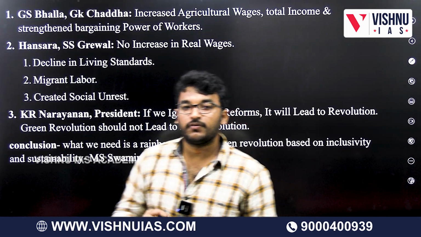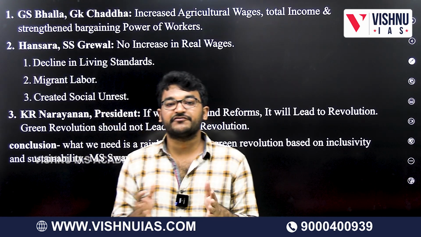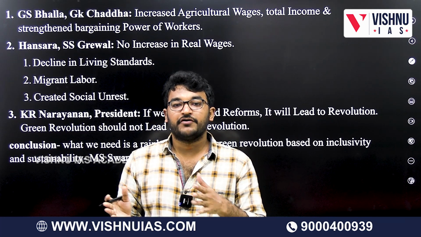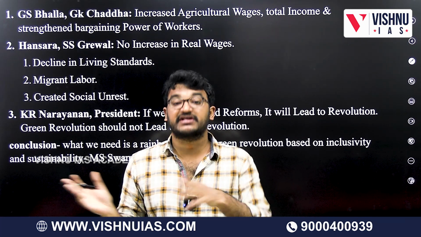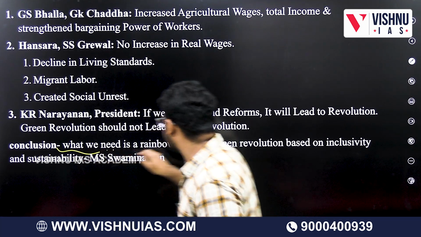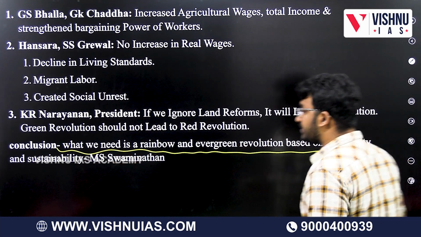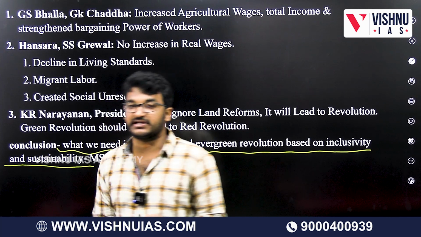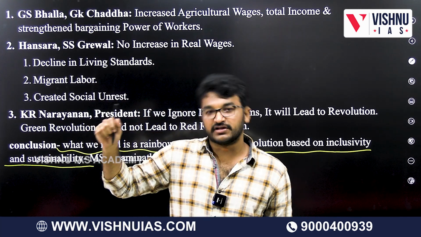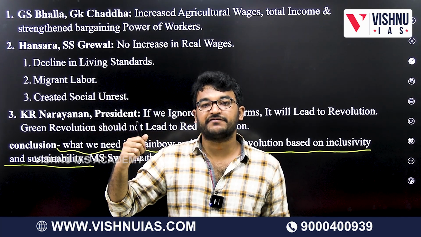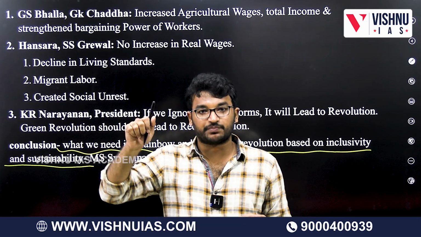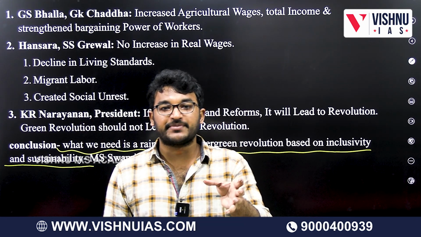So now, what is the way forward? The way forward is that we need green revolution 2.0, which MS Swaminathan considers as evergreen revolution. What we need is a rainbow and evergreen revolution based on inclusivity and sustainability. Because even though there are a lot of benefits with the implementation of green revolution 1.0, a lot of environmental damage had happened.